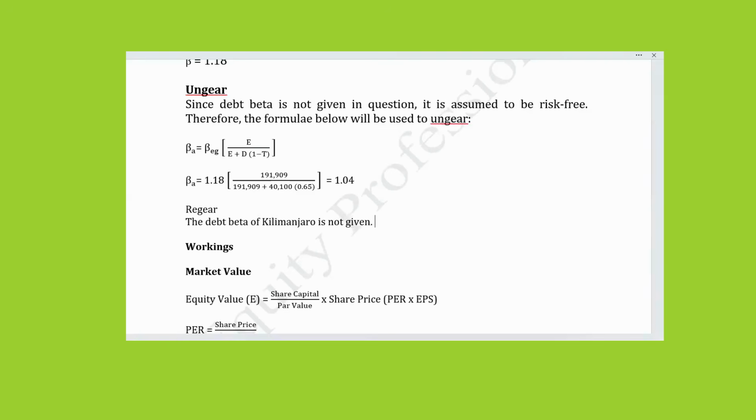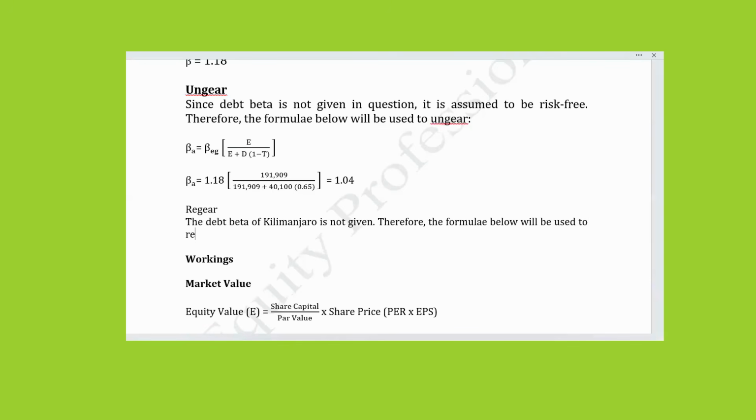Therefore, the formula below. Don't go and be writing things like this on the day of the exam. If you write it, no worry, the examiner will not penalize you, but it's a waste of time. Therefore, the formula below will be used to regear. Okay, that's step number 3.